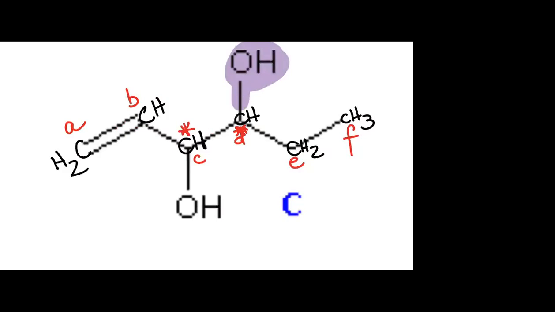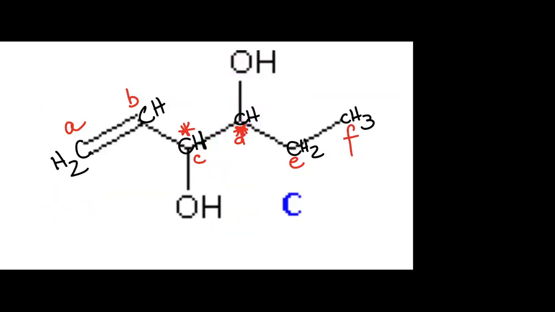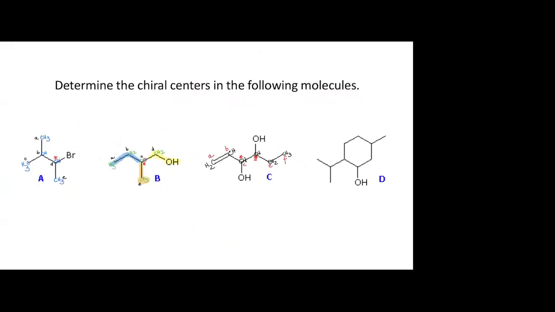An OH through this bond, a hydrogen, this whole thing to the left, and then this whole thing to the right. Okay, so as you can see, this molecule has 2 chiral carbons. Okay, any questions on the chirality of carbons within a molecule?